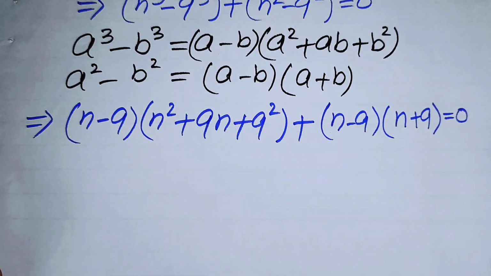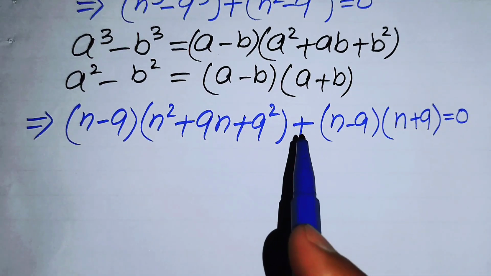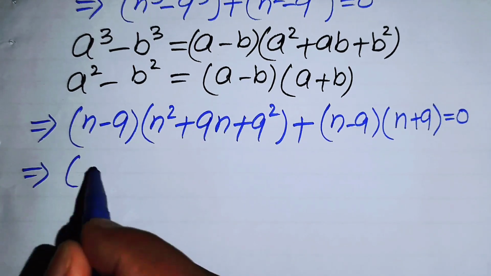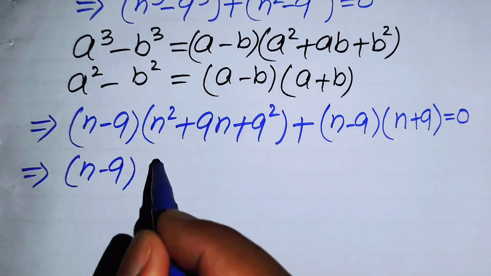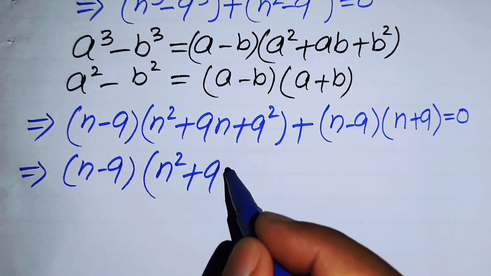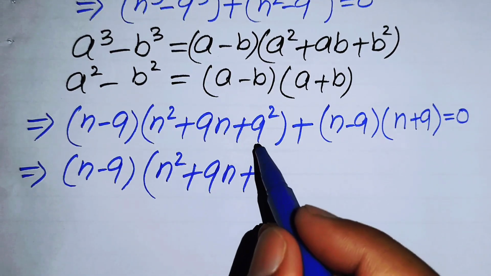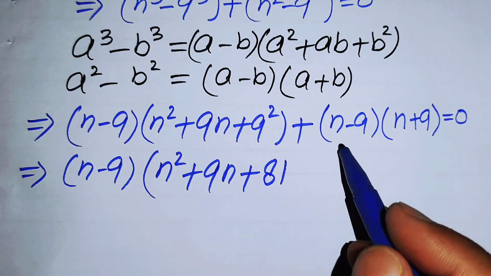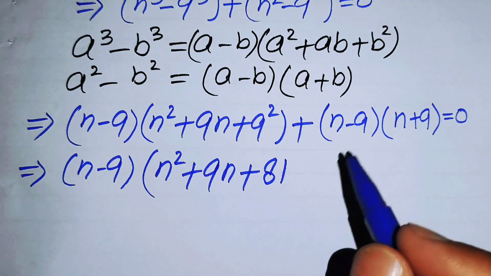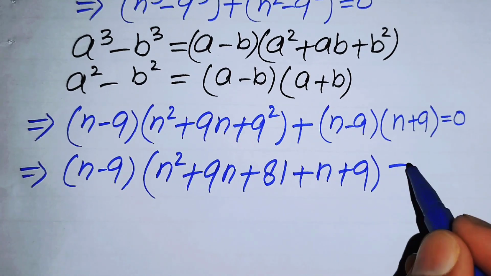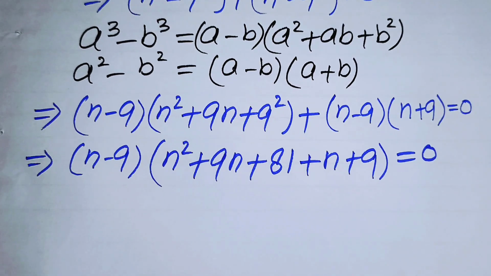After that you focus on both of the terms, and you see that n minus 9 is a common term, so we take it out and we get n minus 9 times n squared plus 9n plus 9 squared, which is equal to 81, and here we take common n minus 9 and you get plus n plus 9 is equal to 0.